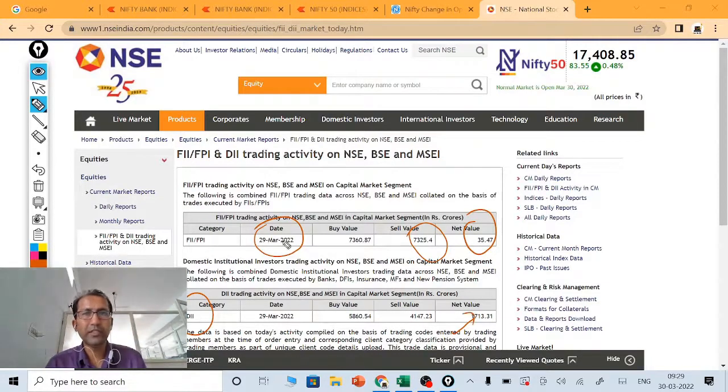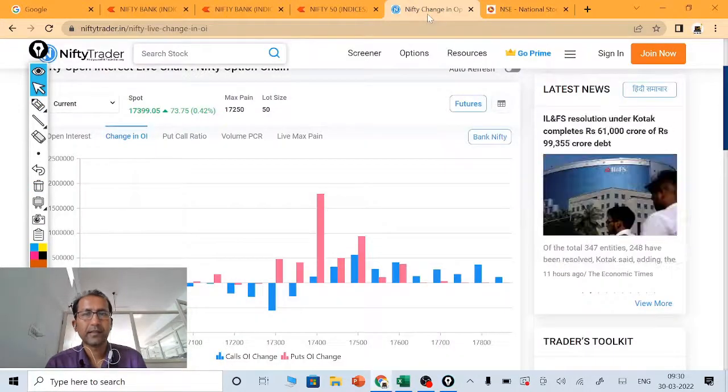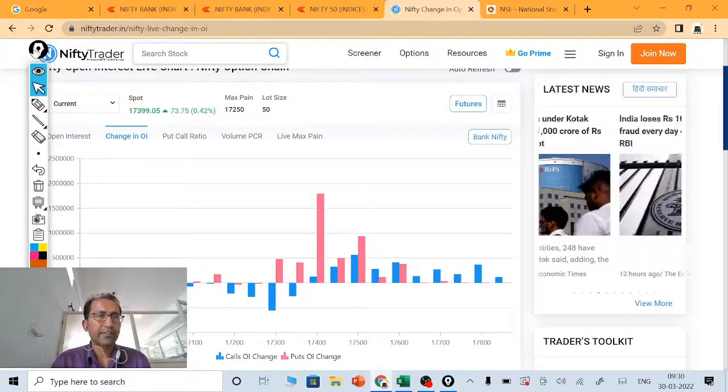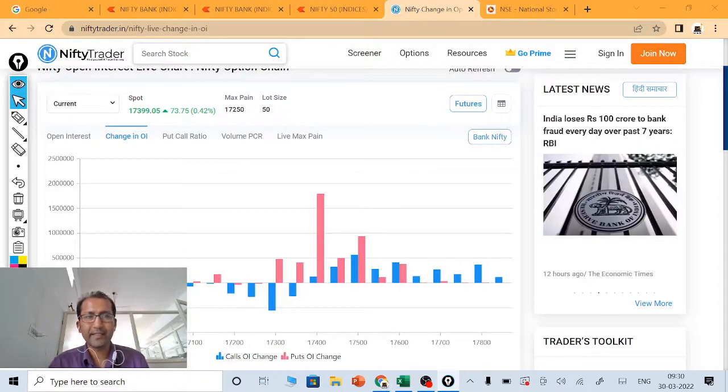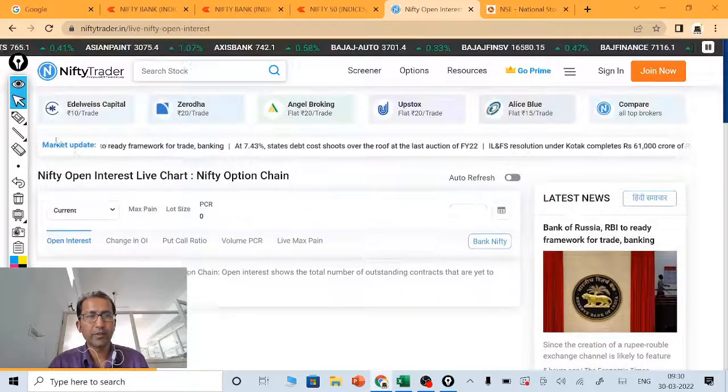So now let me come to the Nifty open interest positions. Now you can see on the screen the open interest tracker.